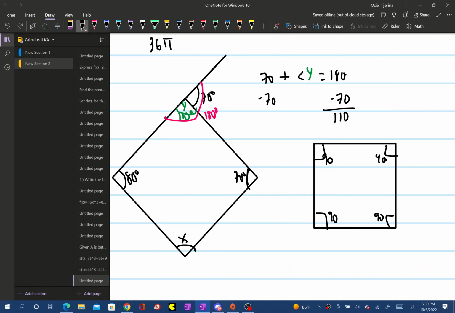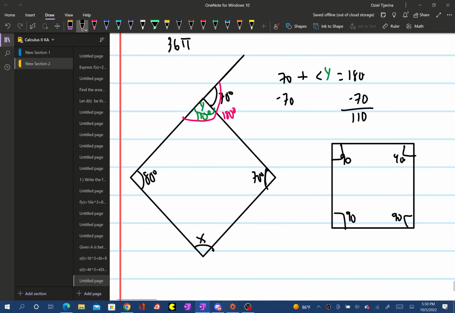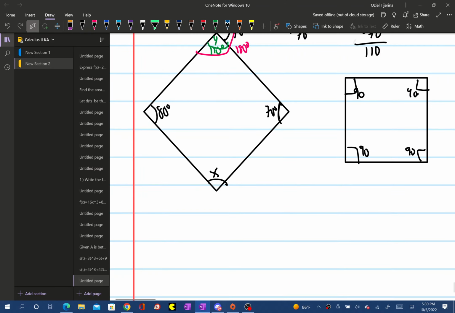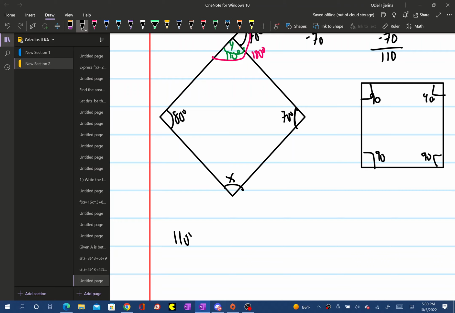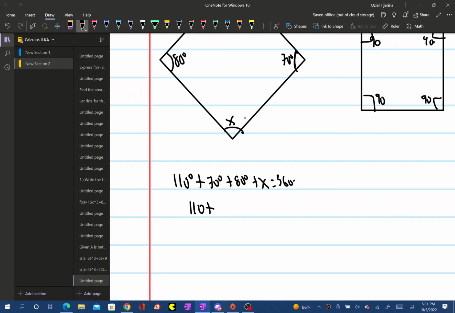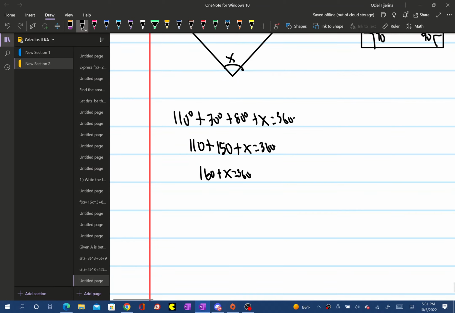Okay, and we know that it measures to 360, so we have 110 degrees plus 70 degrees plus 80 degrees plus x is equal to 360. So 110 plus 150 plus x equals 360. And then we have 160 plus x equals 360. Subtract 160, and then x will be 200 degrees.